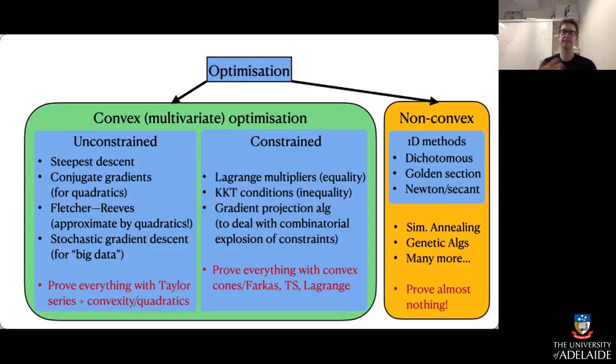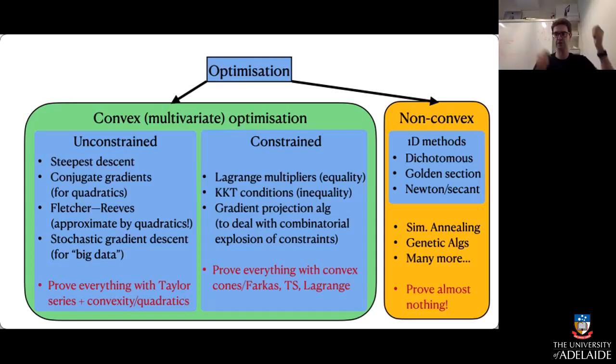Then the big new idea in this course was how to generalize those Lagrange multiplier methods to the KKT conditions. The KKT conditions allow us, instead of looking only at equality constraints, being on the boundary of some region, to have solutions that are within the region as well, so they're defined by inequalities. And really KKT was just a generalization of Lagrange multipliers.